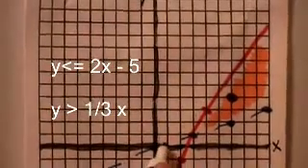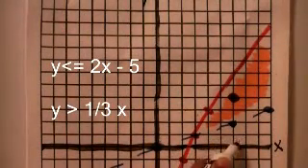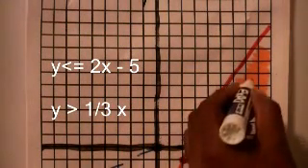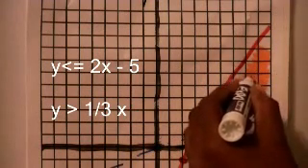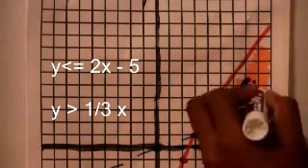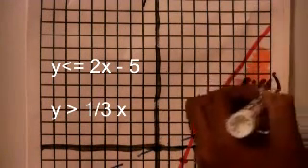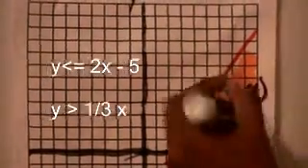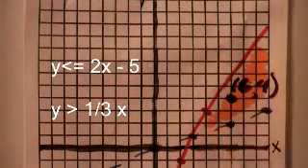This point is 6, 4. And what I'm going to do is plug in 6, 4, an x and a y, into the inequalities. And you see if both of them check out to be true.